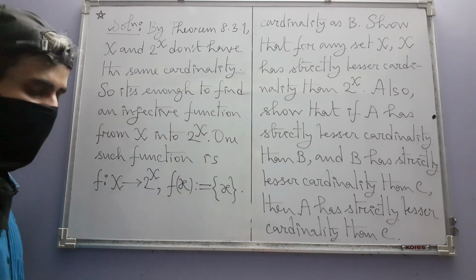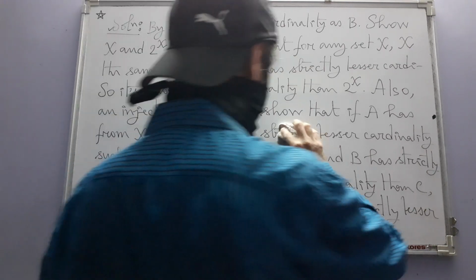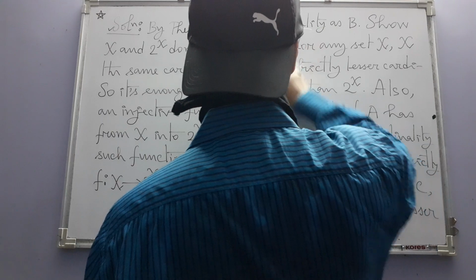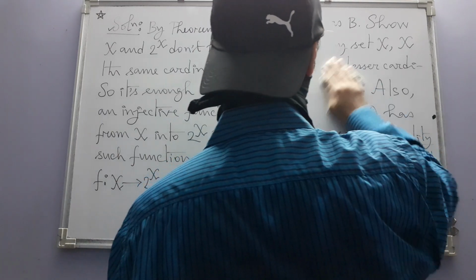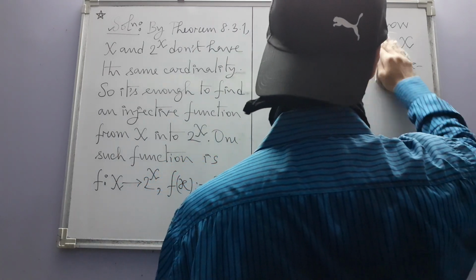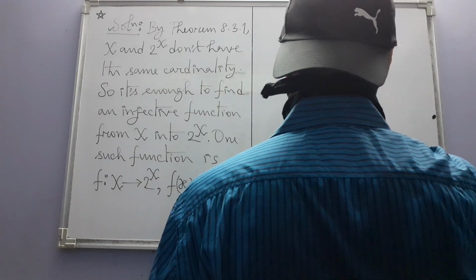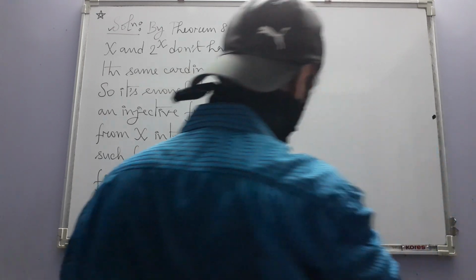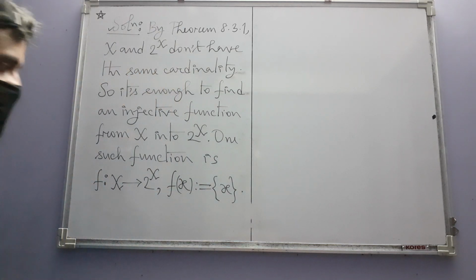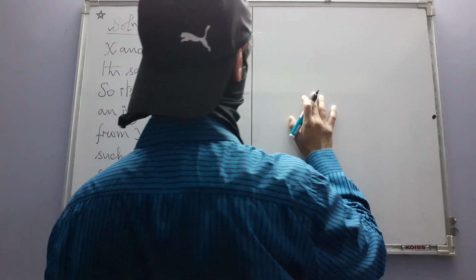Now the next half. In the next half, it's given that A has strictly lesser cardinality than B and B has strictly lesser cardinality than C. So we do that in another paragraph.